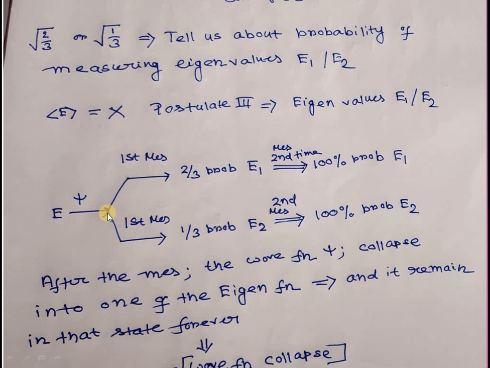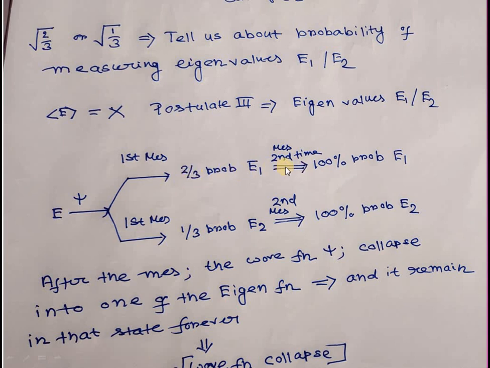Suppose that after the first measurement we have obtained the eigenvalue E1. If we measure the energy of that system a second time, the interesting thing occurs. What is that interesting thing? In that case the probability of measuring E1 will not be 2/3.